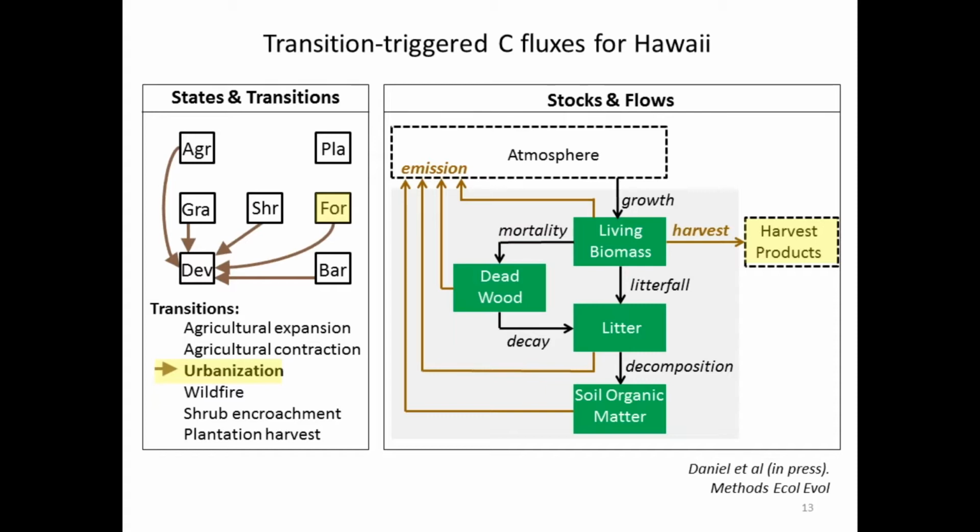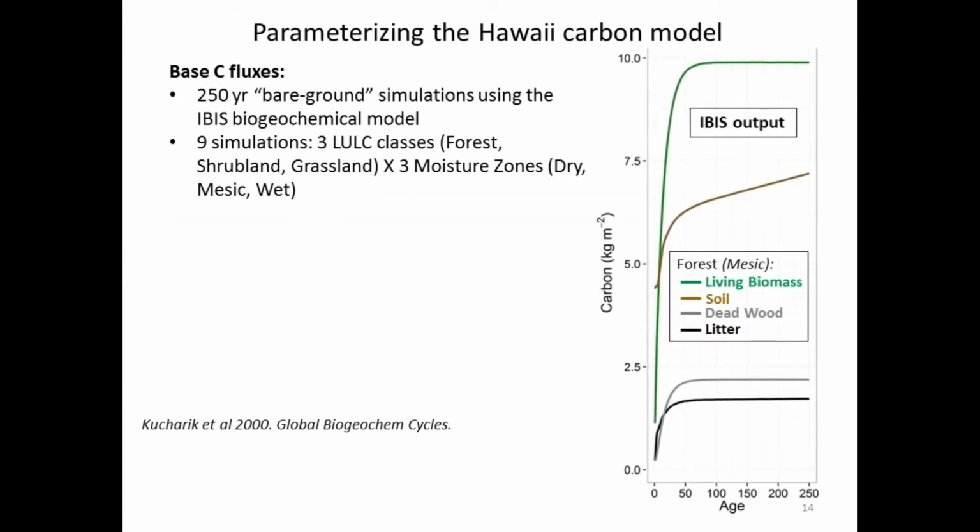Again, you clear the land, you get emissions from that. You might take some of the carbon and actually harvest it off that land just as you're clearing it, and so on and so forth. So we had flows linked to transitions as well. And then we had to parameterize the rates of those flows somehow.